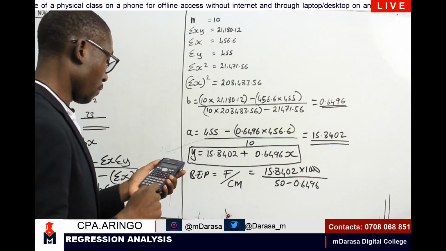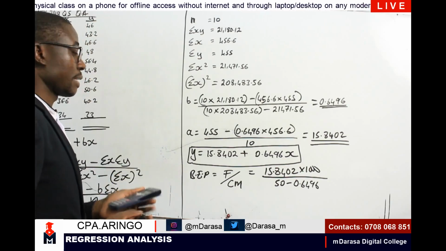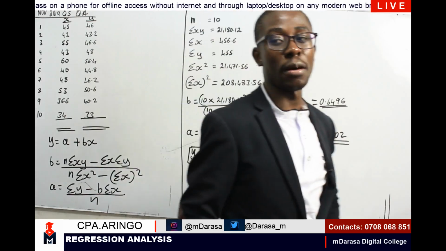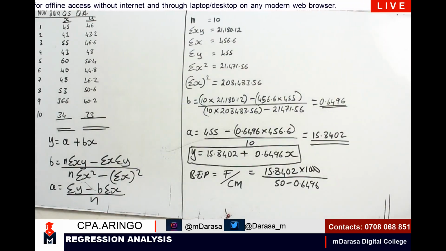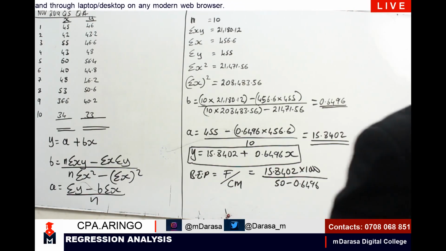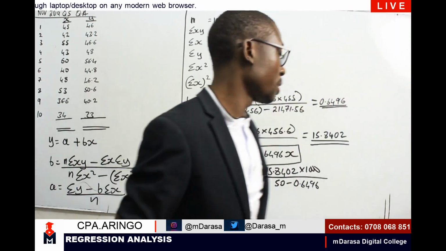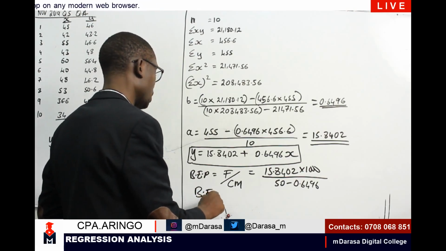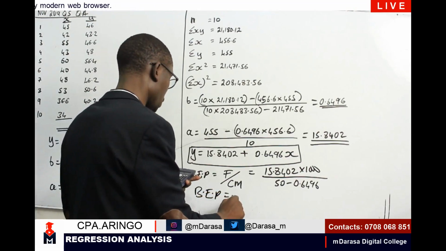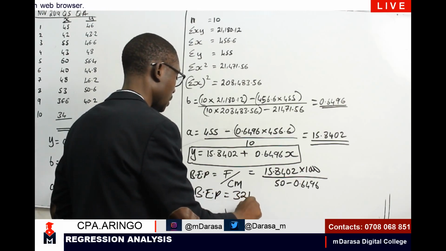That should give me a figure of 320. Kindly confirm your figures with mwalimu. 320.97, which in other words, my break-even point in units, we should be talking of 321.